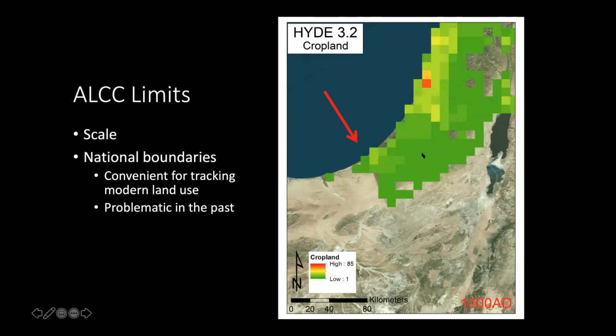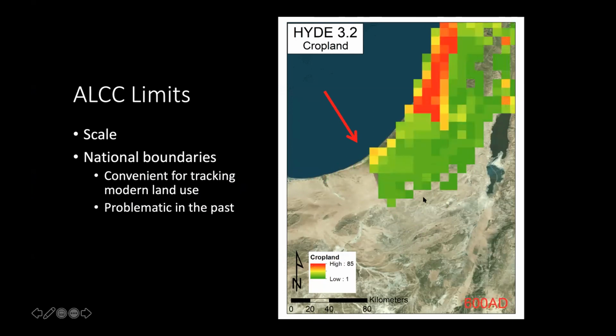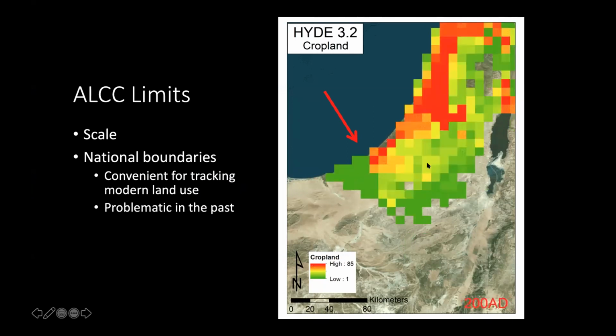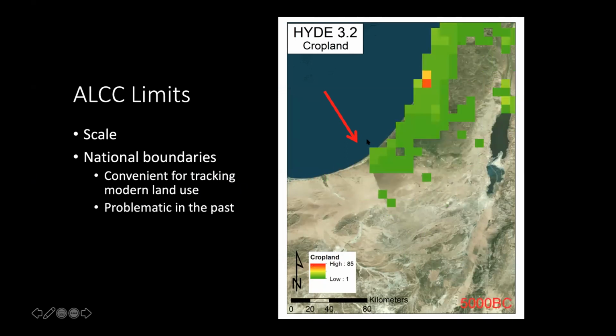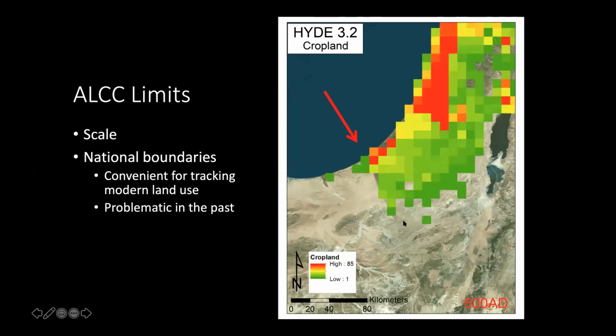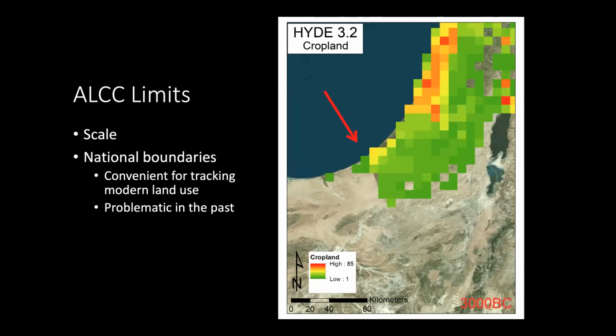So I have this little visualization of the HYDE data running backwards through time. The time scale is down here, and the border between Egypt and Israel persists as cropland back several thousand years, which it definitely did not, right?